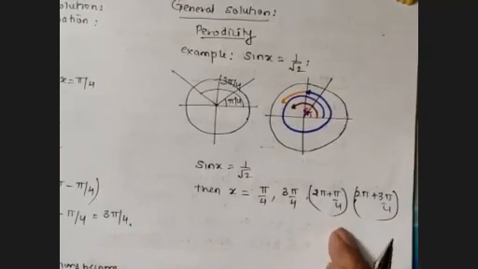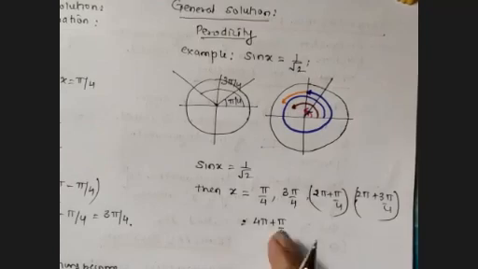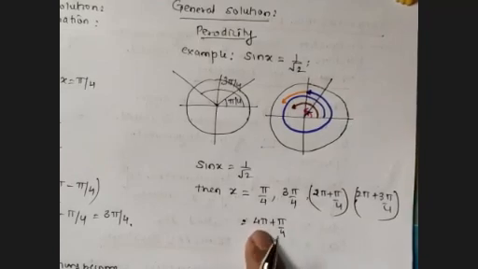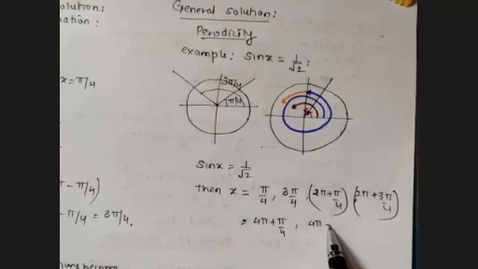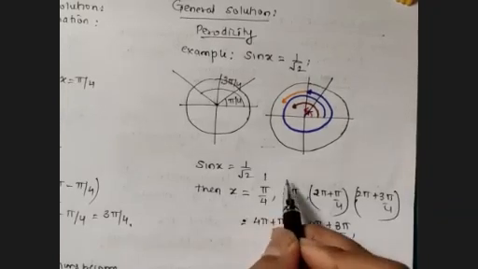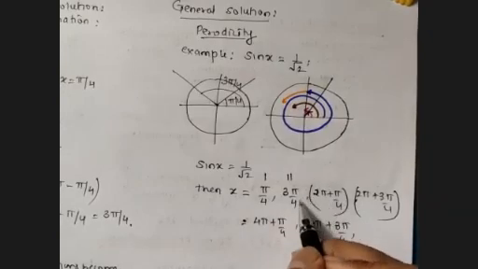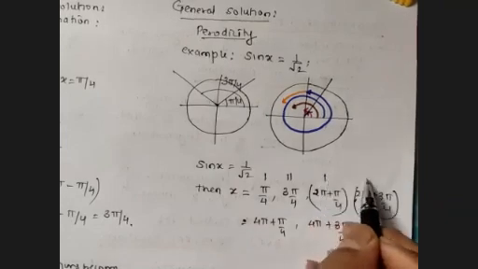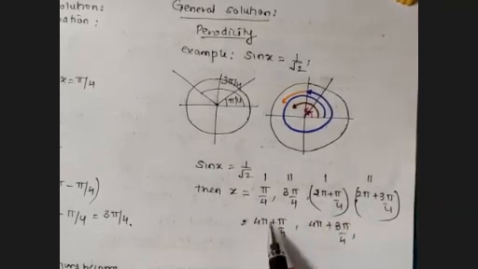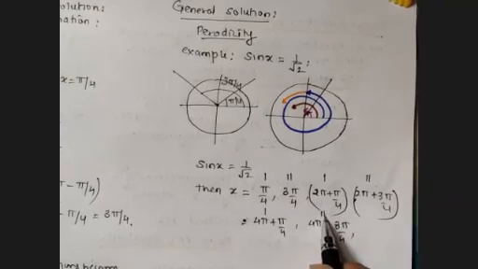We can write this further also as 4 pi plus pi by 4 after two circles, 4 pi plus 3 pi by 4 after two circles. So this is first quadrant, this is second quadrant, this is second circle, first quadrant, second circle, second quadrant. Again, as one circle is being covered again by the angle.